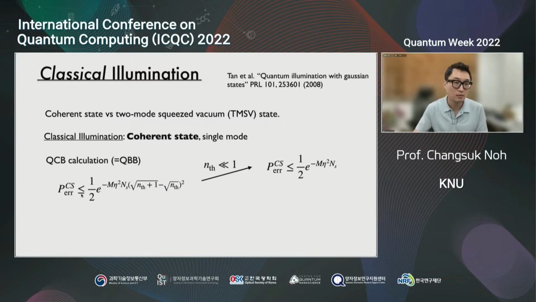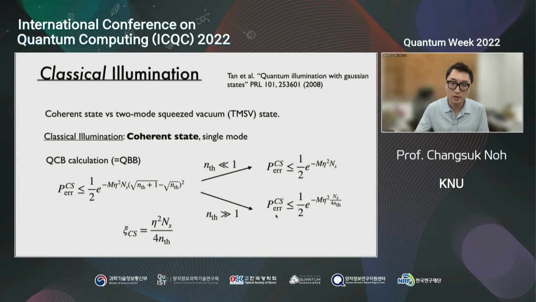And the quantum Chernoff bound is actually calculable nicely, and it's this. That's the Chernoff exponent: eta squared times ns, the signal photon number, times a factor that depends on the thermal photon number. When the thermal photon number is small, we have essentially eta squared times ns.